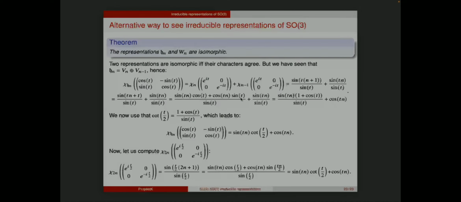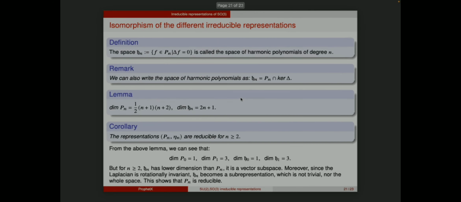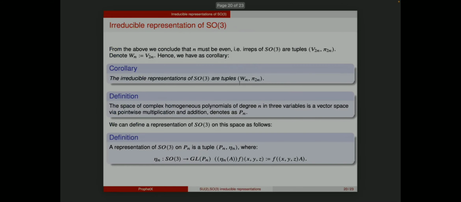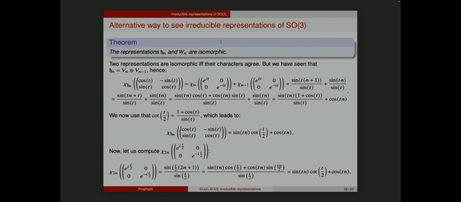And now, finally, the last theorem we have to prove is that the representation pi n, eta n, this representation space Hn is isomorphic to Wn, which we provided before. And this basically follows from computing the characters.